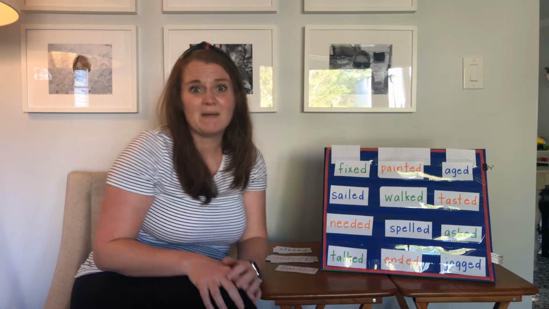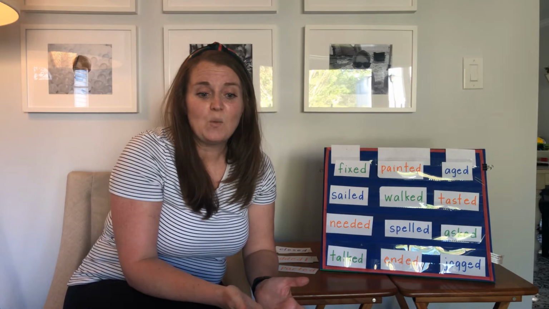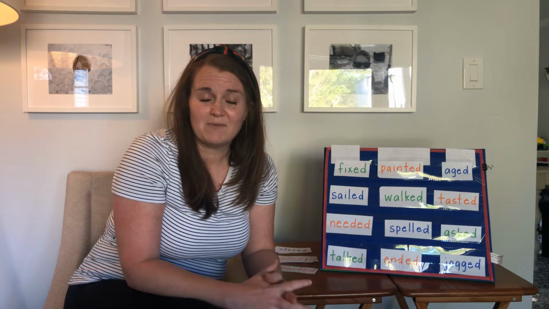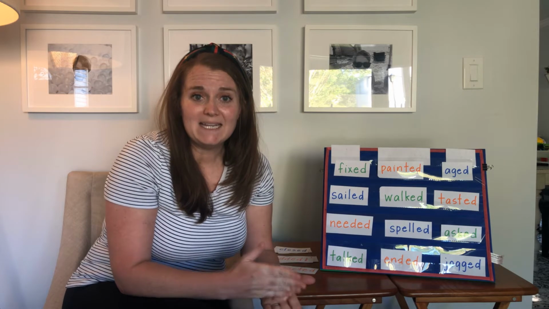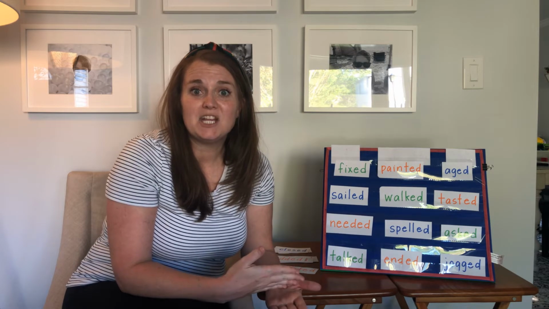Today, we're going to explore these words with this ending a little bit more to see what we might find out. We know from yesterday's conversation that when we add ed to words, it changes the word to mean something that has already happened. Let's think and notice more about words that have this inflectional ending ed.